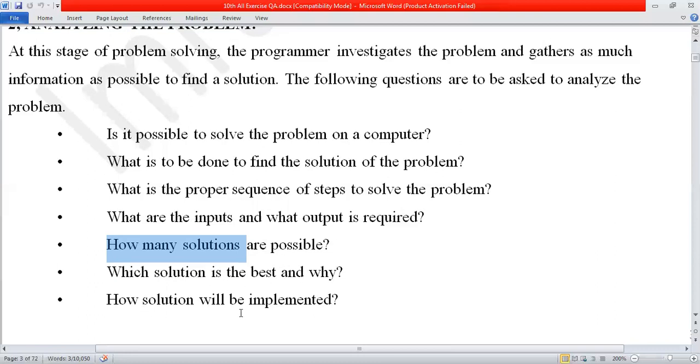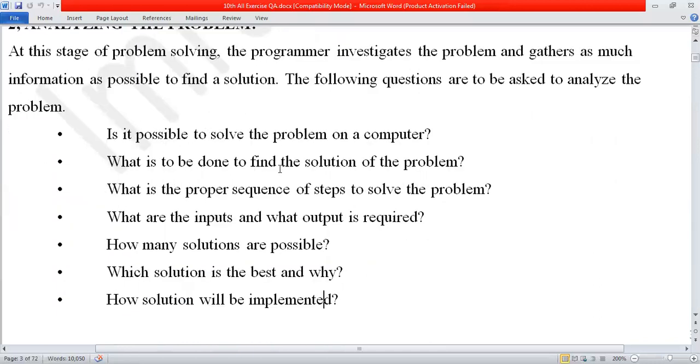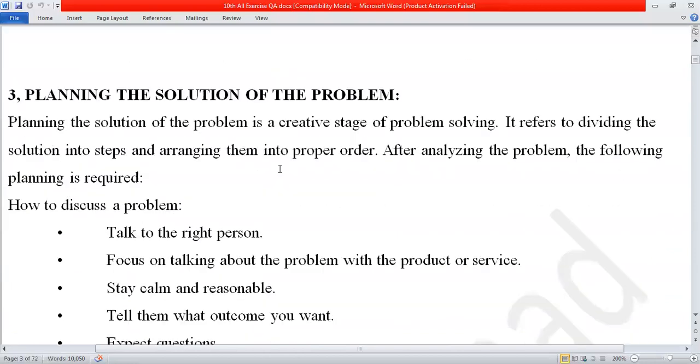How will the solution be implemented? After the completion of that program, how will the solution be implemented, meaning how can you install that program. So all of these questions are the analyzing of the problem. When you have analyzed the problem, you must go to the next step, and the next step is planning.